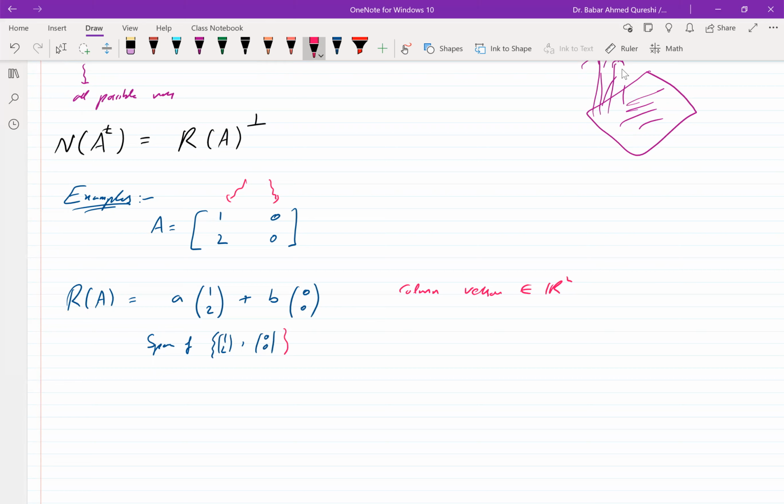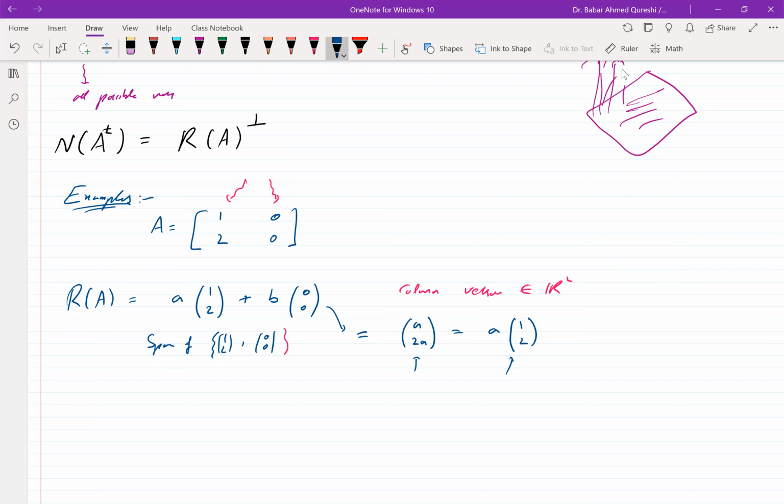Vectors belong to R2 because they have two components, and you have two of them, and you make their span, that is, arbitrary combinations. In this case, because the other one is 0, this span is just a times the vector. So all vectors of this form.